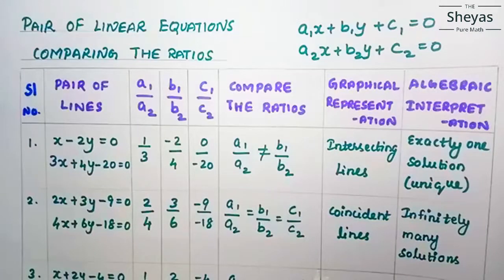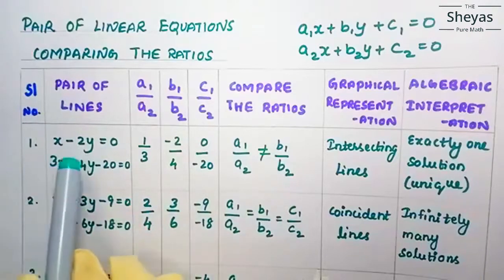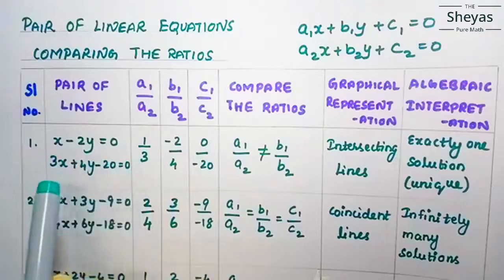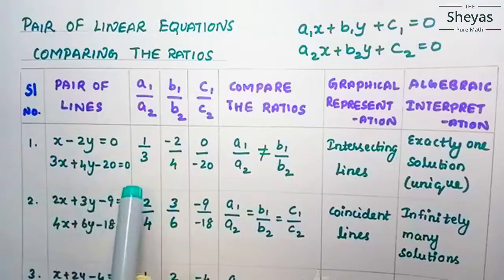So we have already discussed many methods of solving this. For example, substitution method, elimination method and cross multiplication method, and graphical method also. And then just see here, pair of lines, we have taken some examples. Okay, so x minus 2y is equal to 0, 3x plus 4y minus 20 is equal to 0.